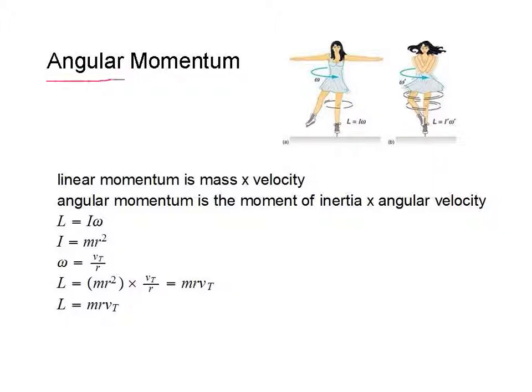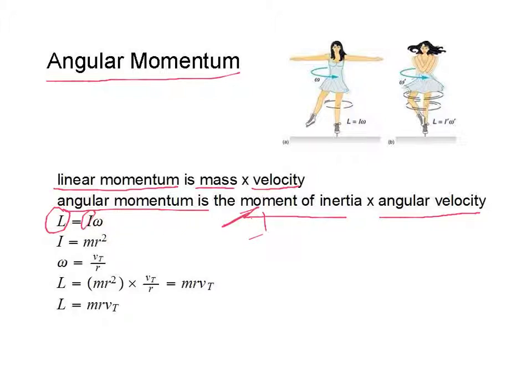Let's look at angular momentum. But first, we're going to look at linear momentum. That's straight line momentum, and it's the product of mass times velocity. Angular momentum is the momentum related to spin, and it's the product of the moment of inertia and the angular velocity. L is our angular momentum, I is our moment of inertia, and omega is the angular velocity.